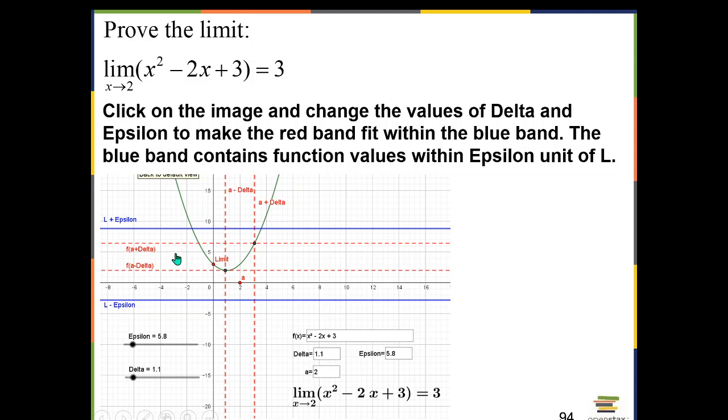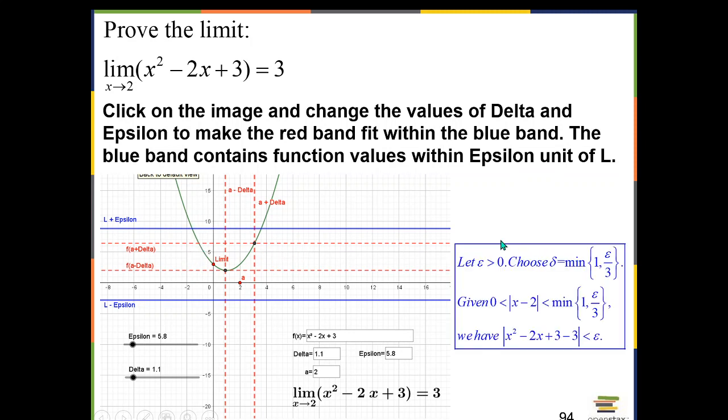Because the red band has to be within the blue band, right? Now online, the blue ones somehow didn't show up, but if they show, then you can see whether your delta works or doesn't work. In this case, it does work, right? So if I pick delta to be 1.1 with epsilon 5.8, it does work, because you see, I satisfy the statement of the proof.